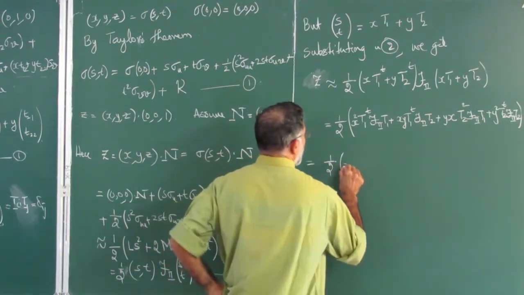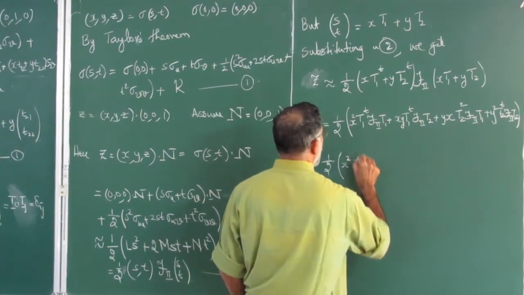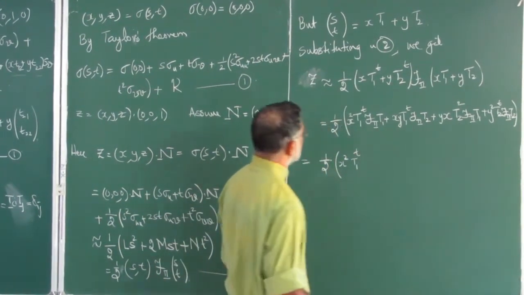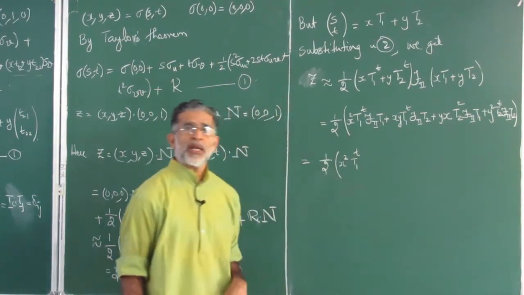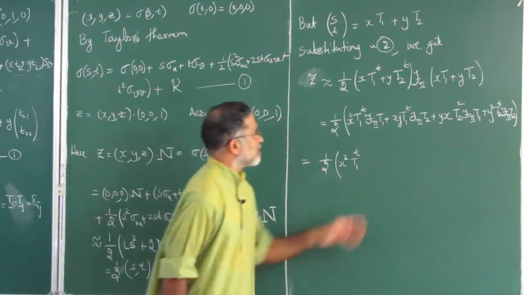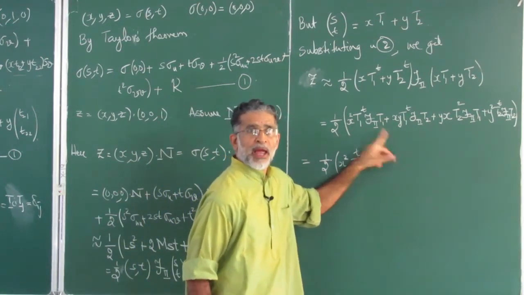x square t1 transpose, what is f2 t1? T1 is the eigenvector corresponding to kappa. So f2 t1 is actually equal to kappa 1 f1 t1.